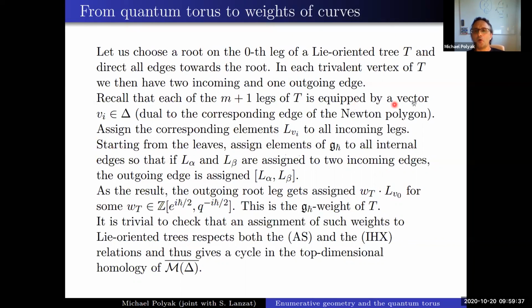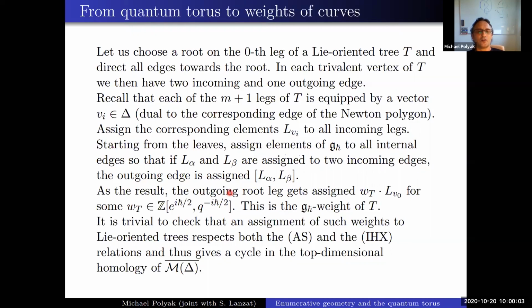Basically, you put these vectors on the legs, so you assign all these elements on the incoming legs, and then you go along your tree, and when you pass a trivalent vertex, when you have two incoming edges to the outgoing edge, you assign the Lie bracket.